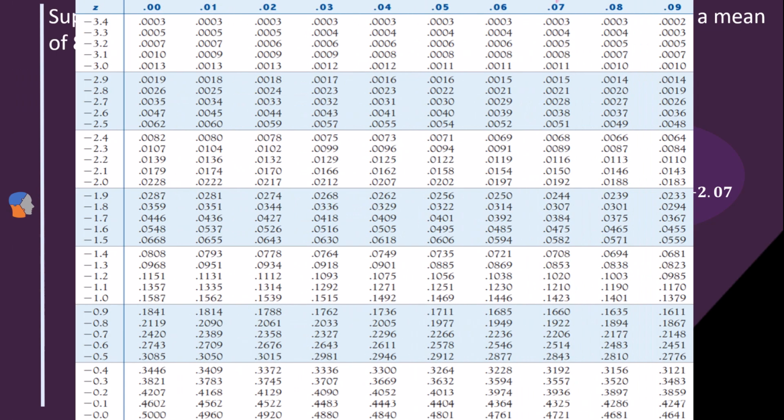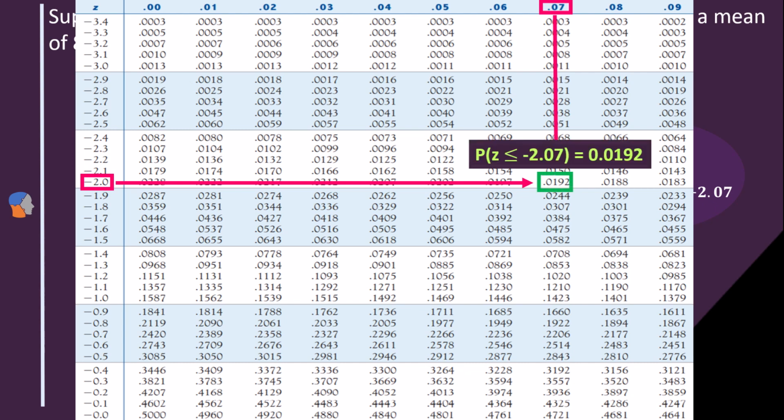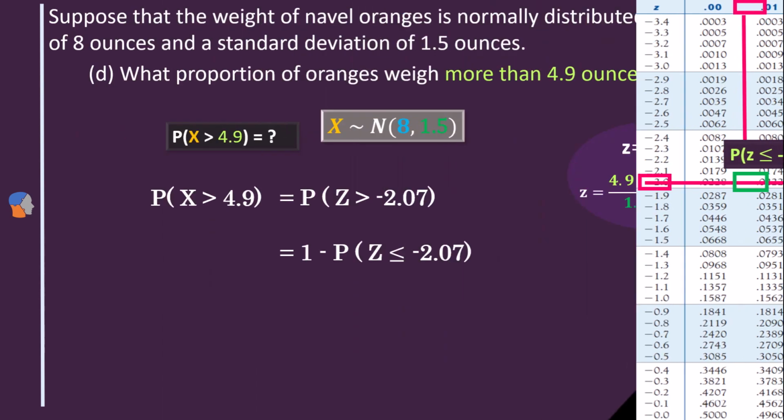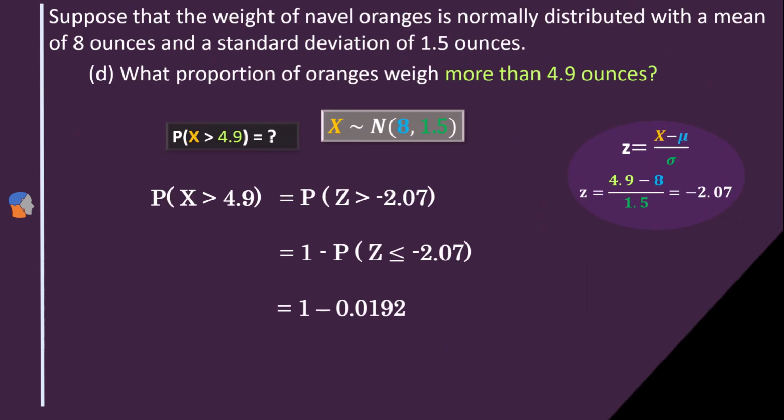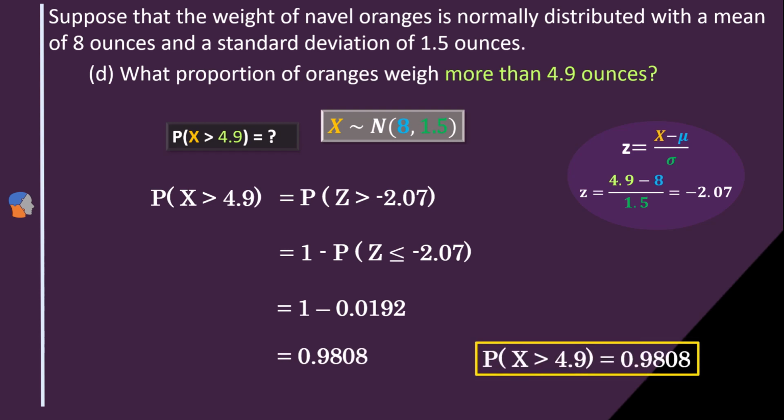Therefore, go to the table directly, find the corresponding probability, that is the probability of z less than or equal to negative 2.07, that is 0.0192. Then subtract from 1, get the answer. The answer is 0.9808. Right. Now go to the next one.